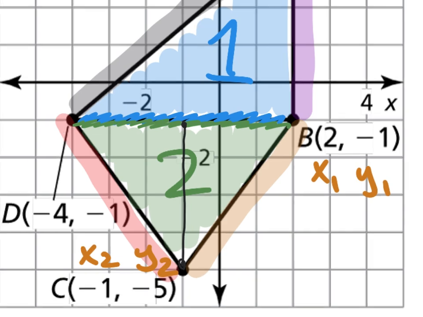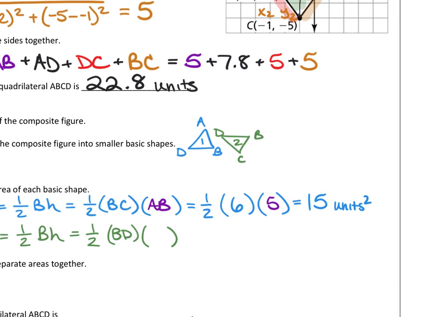So my height is going to be 4. I had to just count that one. This is the benefit of putting it on a coordinate grid. So if we fill in what we know, we would do 1/2 BD. BD is still 6 times that value 4, which we found was the height. 1/2 times 6 times 4, you put it in a calculator, is 12 units squared.